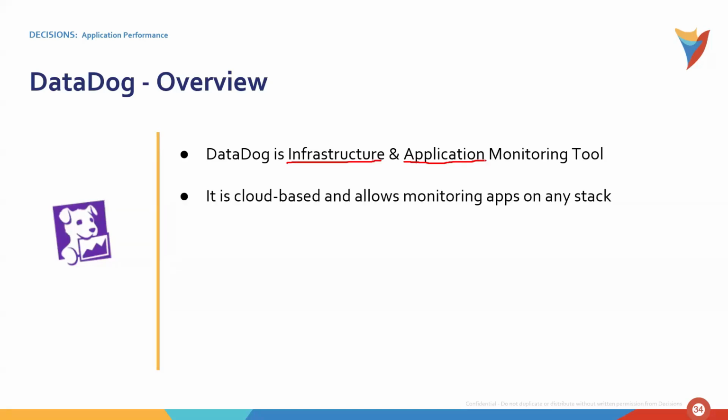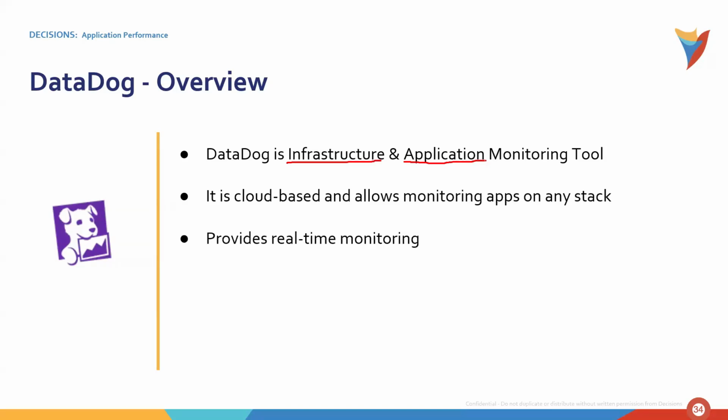It is a cloud-based tool and it can be used for monitoring applications which were built using any stack. It's not specific to .NET. Unlike .trace and .memory, they are specific to .NET. Datadog is capable of monitoring applications that were built using different technologies like .NET, Java, and so on.